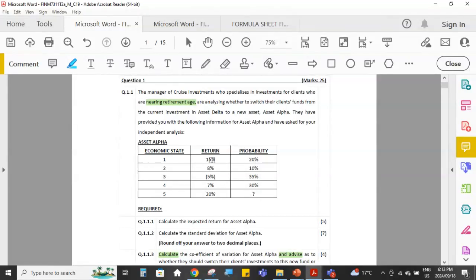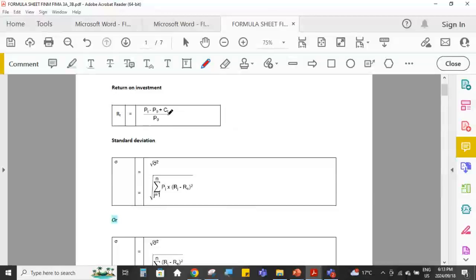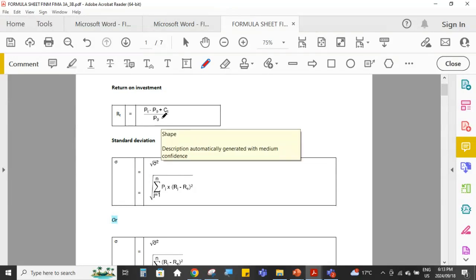In other words, they'll say this is the best scenario, worst scenario, etc. This particular formula, return on investment, is for working out the profit that we have made on an investment that we purchased. So P0 means the price that we paid for that particular asset when we bought it.